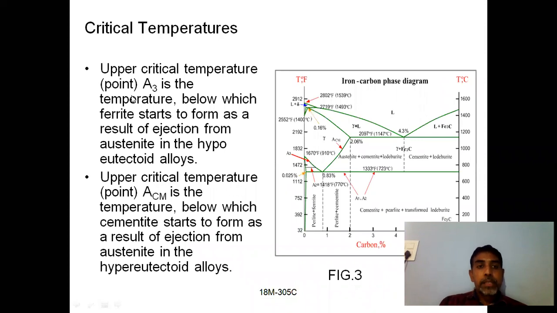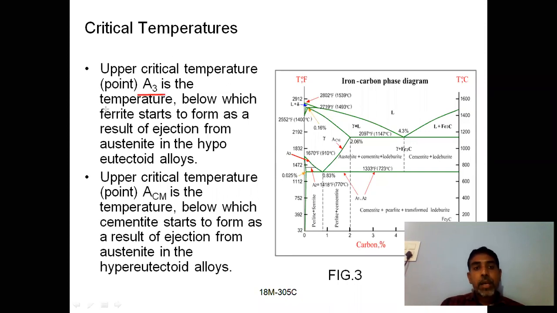If you see here, the upper critical temperature point A3. Okay, just remember the points. The upper critical temperature A3 is the temperature below which ferrite starts to form from austenite.